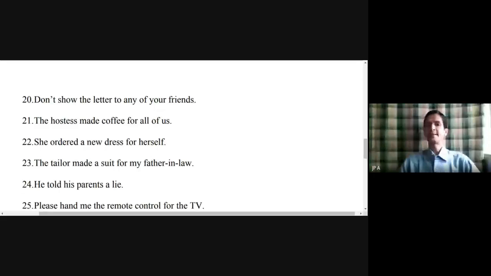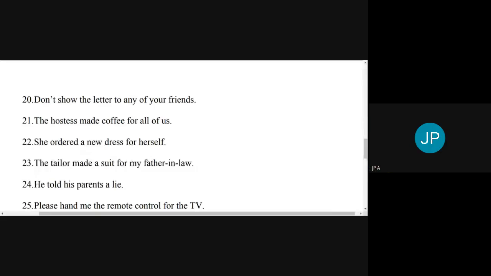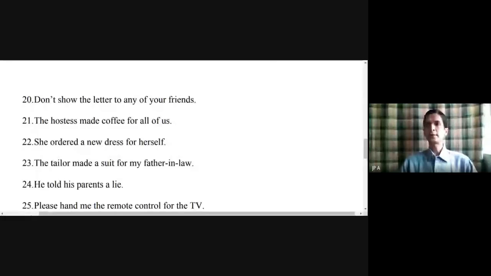Hand what? Give what? Hand what? The remote control for the TV. The remote control ആണ് the object. Which object? Direct object.